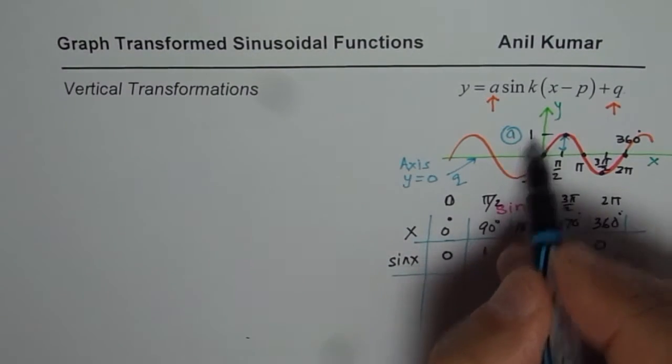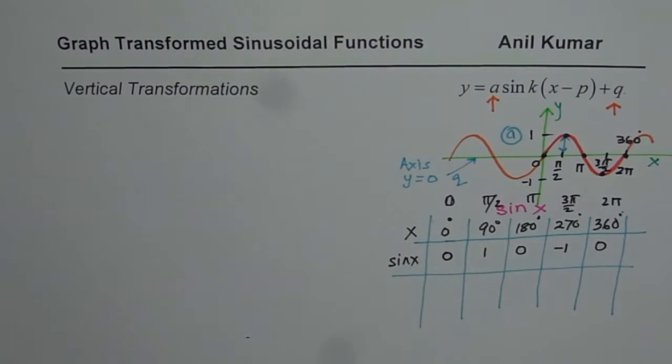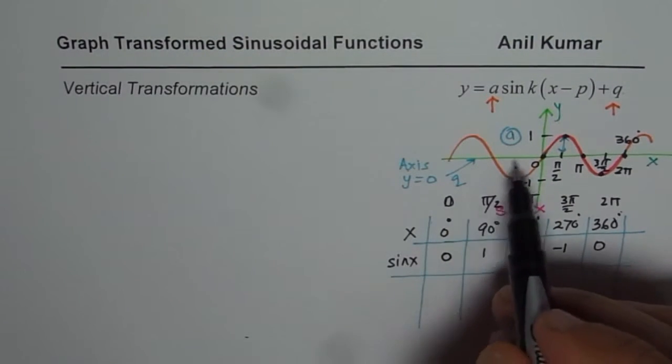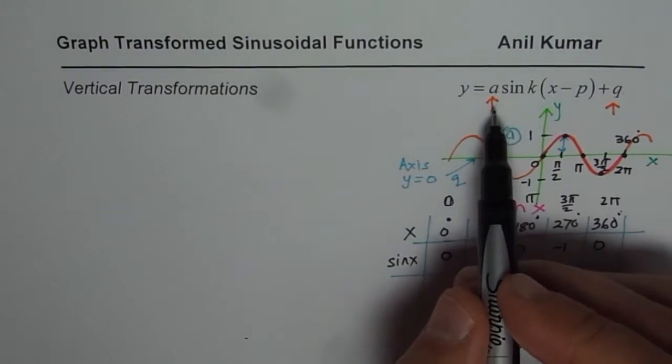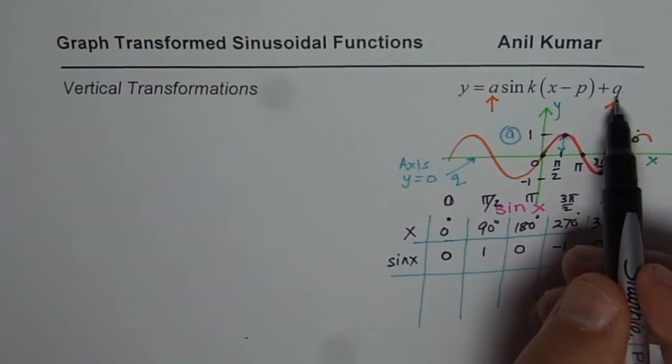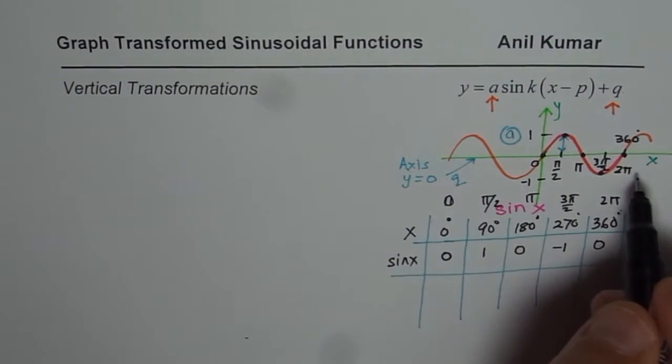So these are the two things which we are going to consider in this particular video, right? So we'll consider vertical translations and see what happens to this sine wave as the value of amplitude a changes and as the value of q, the axis of the sine wave, changes.